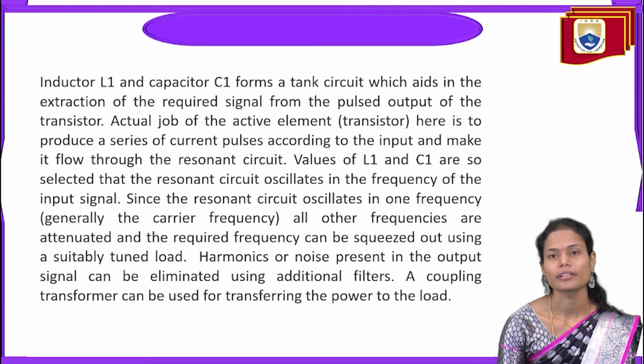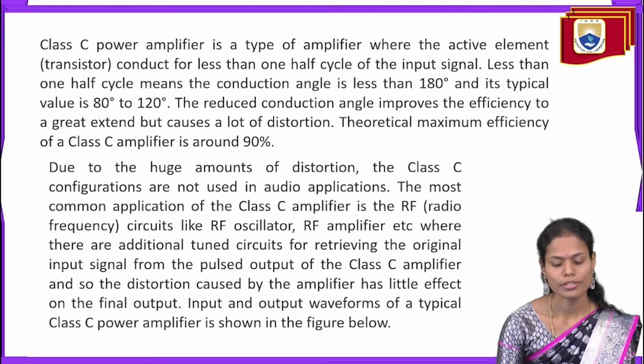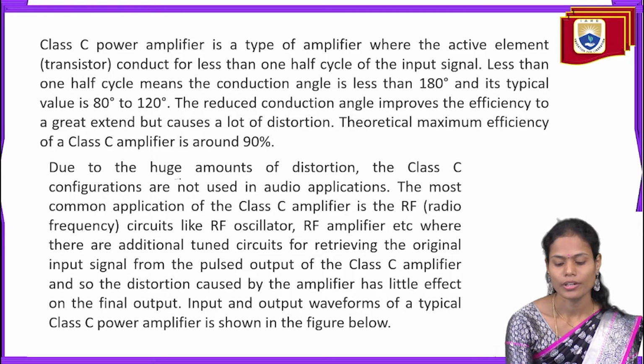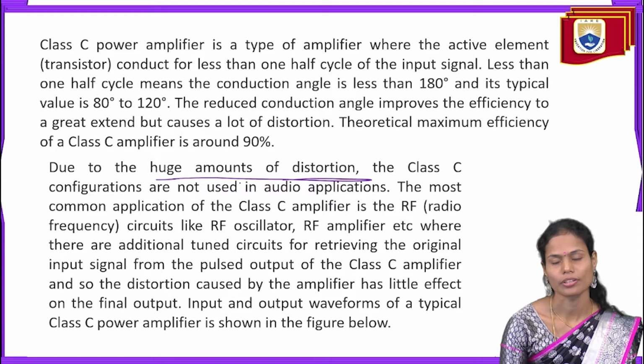And after that, we need to give the reasons why class C is not used widely. It is providing huge amounts of distortion. That's why we are not utilizing this class C amplifier for audio applications.